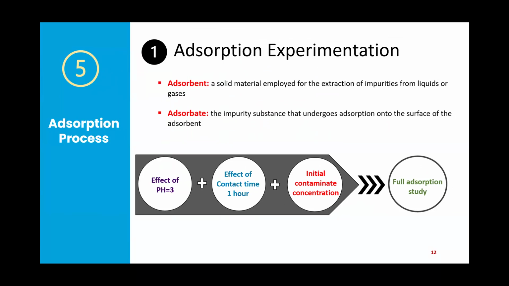For my material, I found the best pH for adsorption capacity, and I also found that the saturation time of the contaminant with the magnetic nanoparticles is 1 hour. And also for the initial concentration, we tried to vary the concentration of the contaminant to find the maximum adsorption capacity.